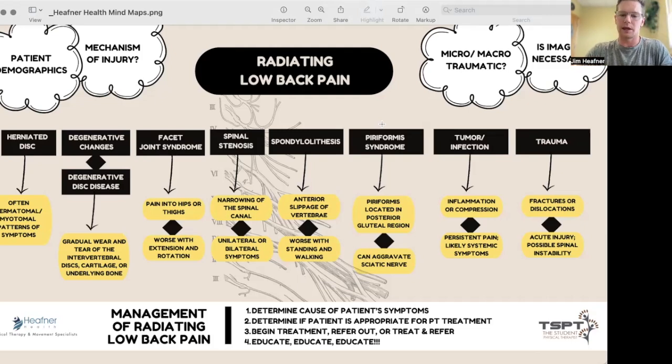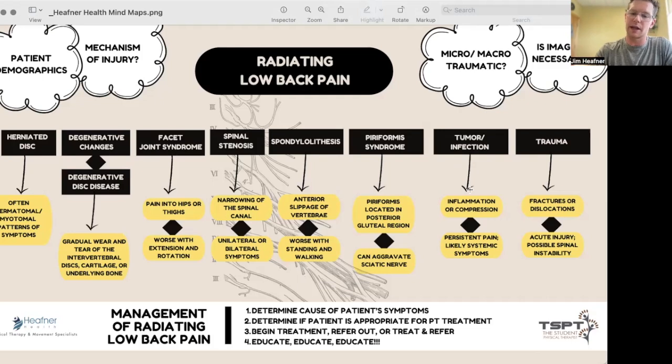So the various causes of that, one would be the direct compression of the sciatic nerve from the piriformis. The last two would be things like a tumor or infection, or trauma. And with a tumor or infection, it's going to be an inflammation or a direct compression, if it's a tumor, onto the nerve space, and that can create radiating low back pain.